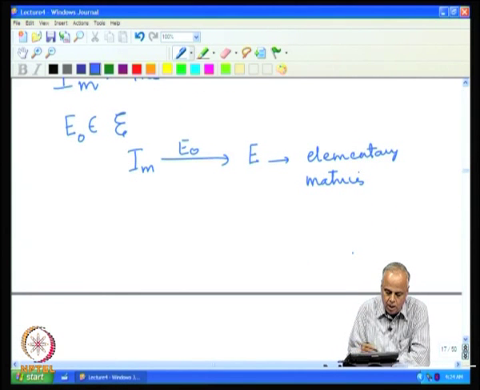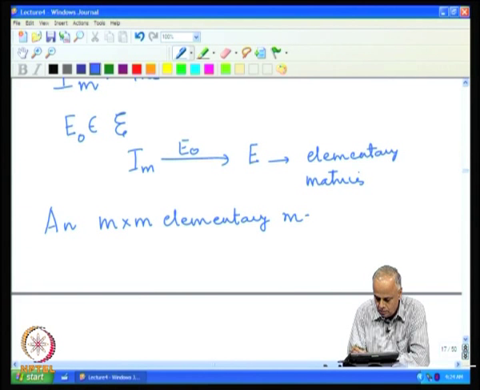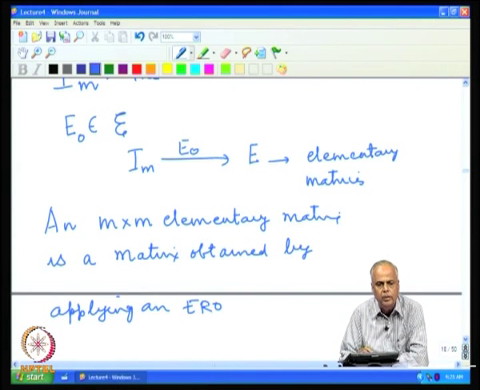So, therefore, an m by m elementary matrix is a matrix obtained by applying an elementary row operation, any one of the elementary row operations from this collection, on I m.